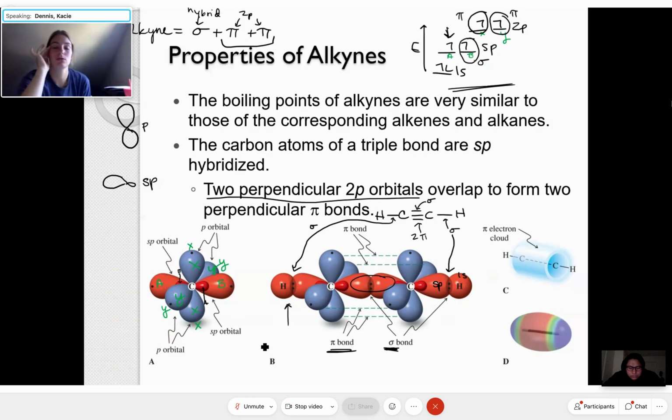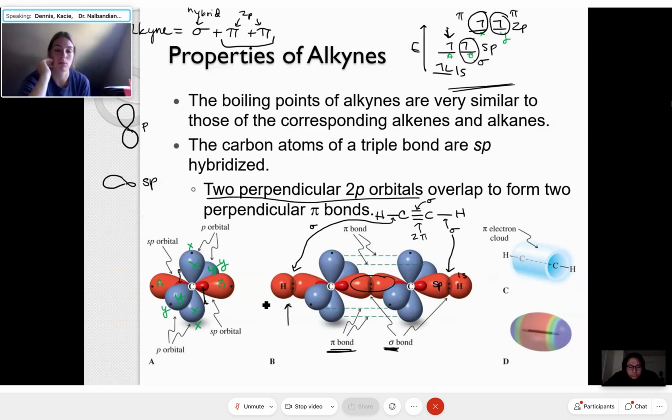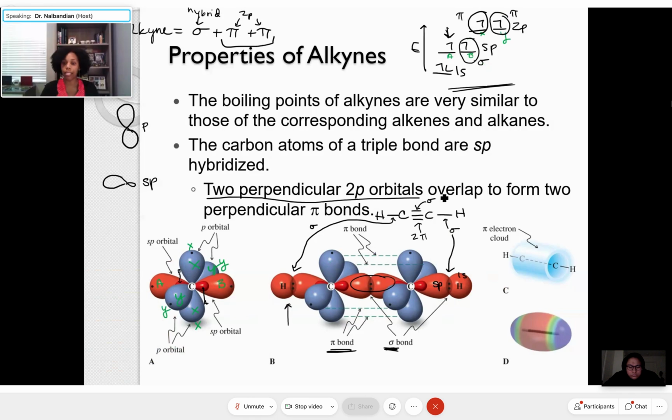I have a question. You said there's a sigma and two pi bonds, but you pointed out two sigma bonds. What are we talking about? There's a sigma and two pi bonds in the triple bond. Beyond the triple bond, there is another sigma bond. We have to make four bonds, right? So two of those bonds to this carbon are sigma bonds, a sigma to one side, a sigma to the other side.